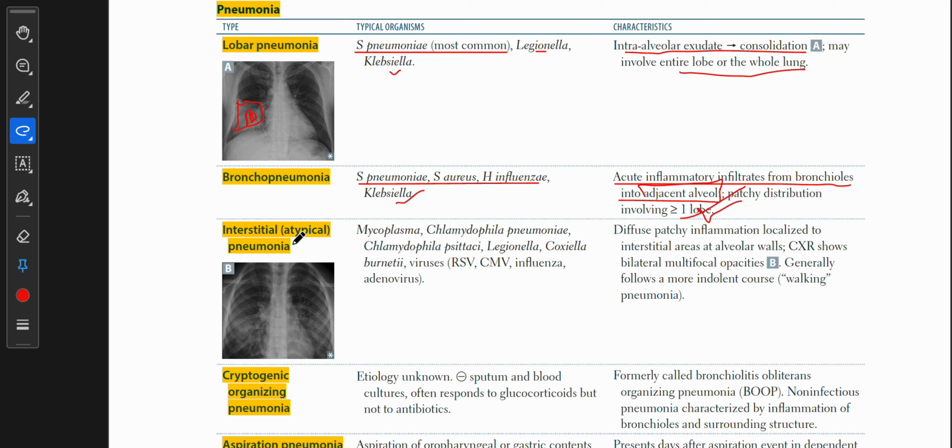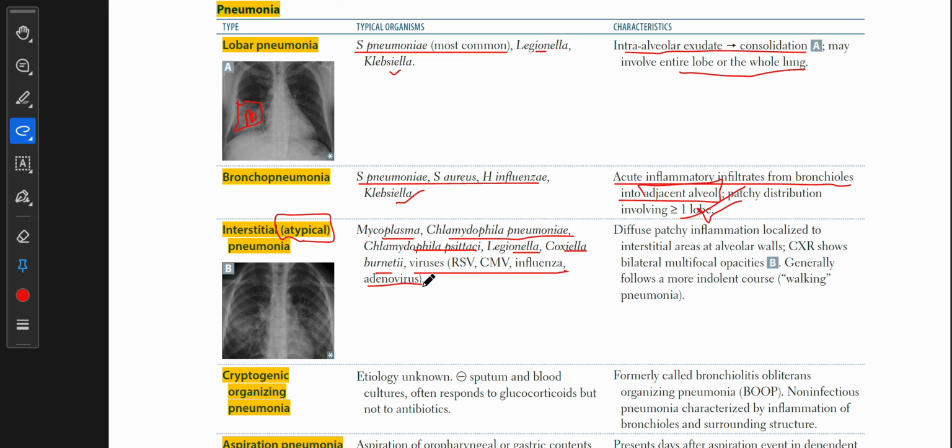Another is interstitial, that is atypical pneumonia. It is termed atypical because it is caused by atypical organisms like Mycoplasma, Chlamydophila pneumoniae, Chlamydophila psittaci, Legionella, Coxiella burnetii, and viruses like RSV, cytomegalovirus, influenza and adenovirus.